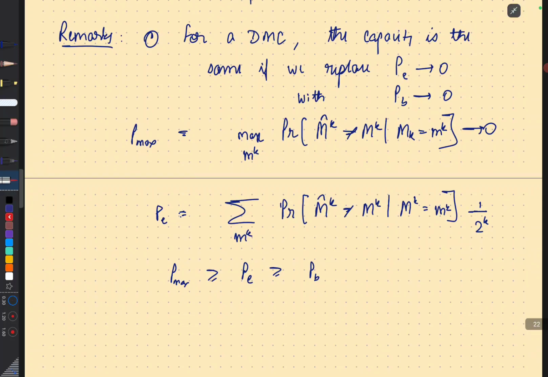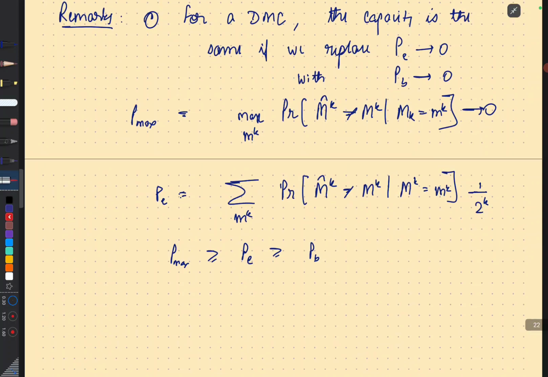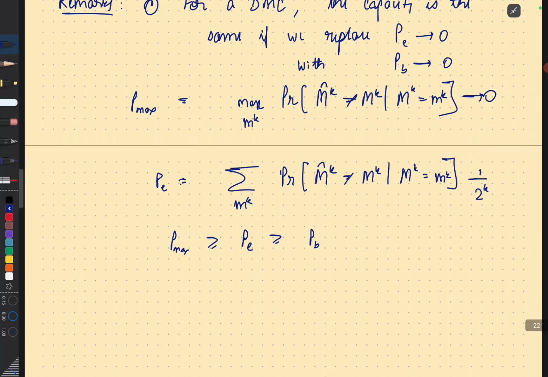Okay, sorry, it should have been M superscript K. So little m superscript K is a realization of the random message capital M superscript K. Any other questions?